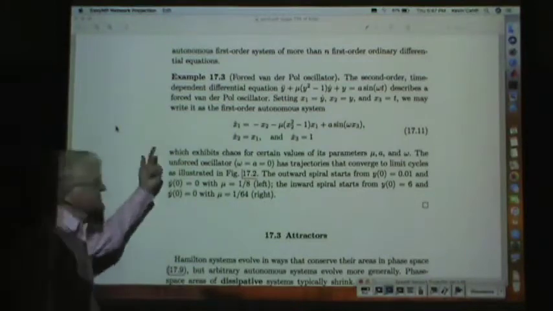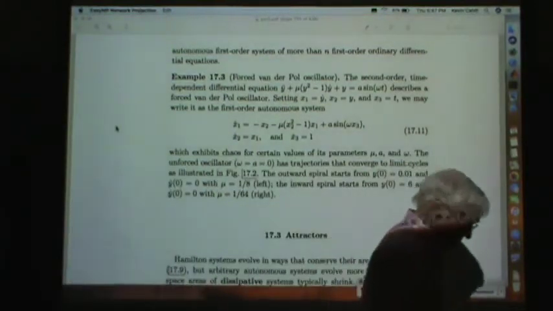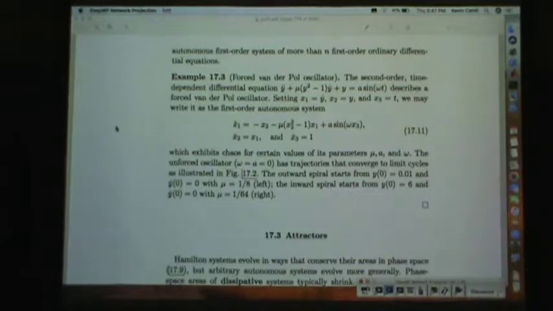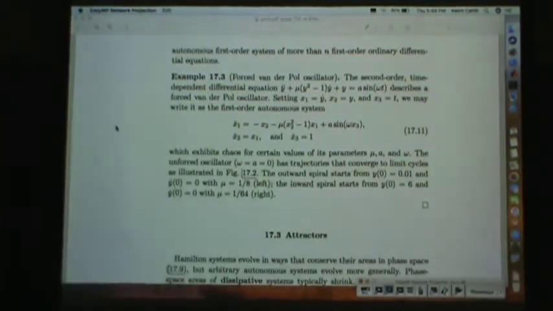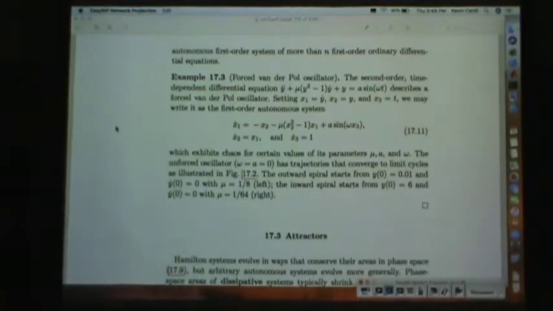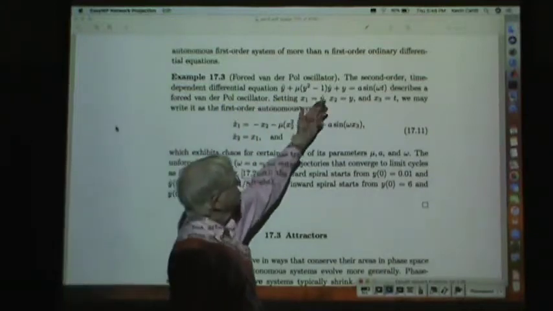One example of this is the Van der Pol oscillator, which was a big deal back in the 20s or 30s. It's a second order differential equation. I will put these notes on the class webpage. I don't think I got around to it, but I may have.